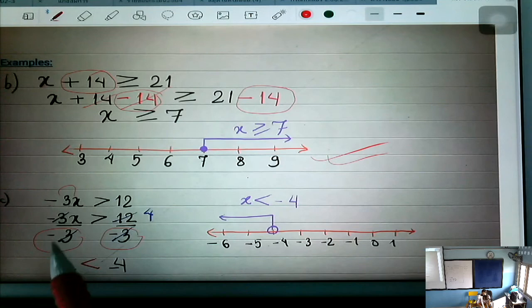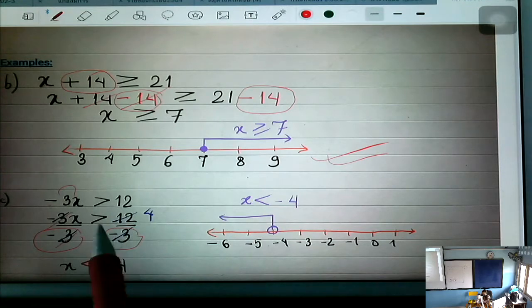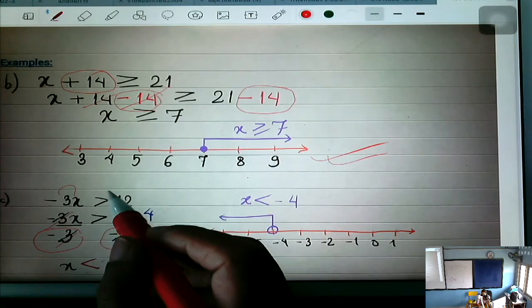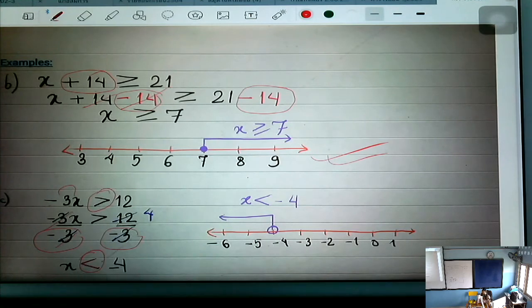Now we cancel minus 3 on the left side and we divide 12 by minus 3. So you get minus 4. Now it's like dividing with the minus sign. When you divide or multiply by a negative number, we change the sign. Did the sign change?